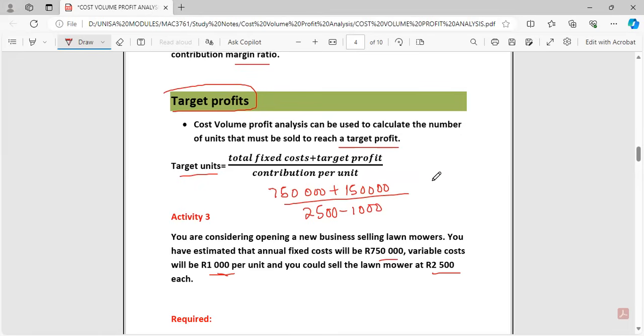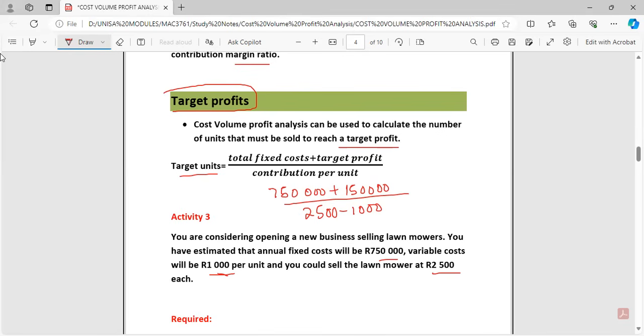So that's there. So how many units should be produced in order to reach a target profit of 150,000 here? How many units should they make here? So which means we're going to add 750 plus 150 over 1,500.